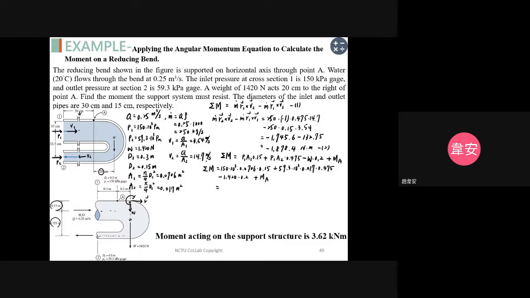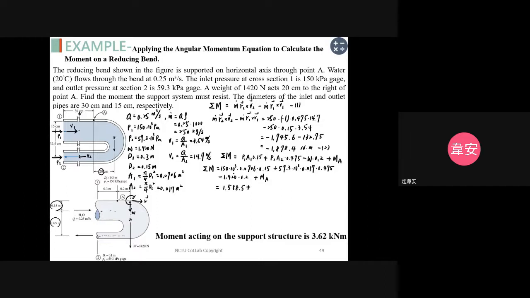So the first item is 1588.5 newton meters, plus the pressure 59.3 multiplied by 1000 kilopascals, multiplied by the 0.017 cross-section area and multiplied by 0.475 force arm.